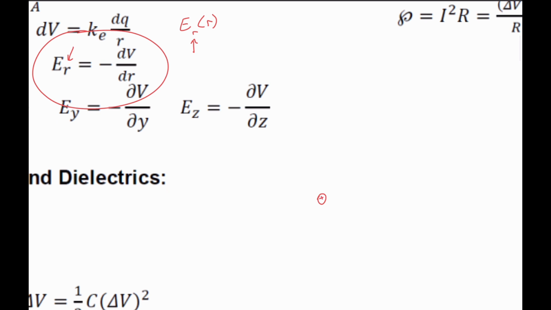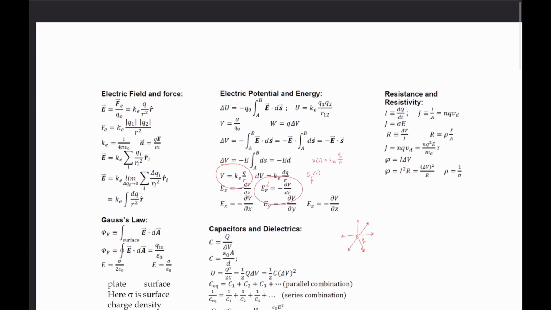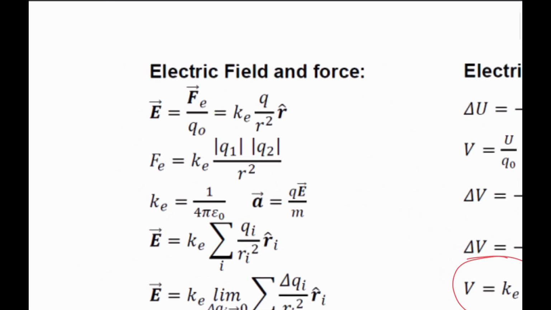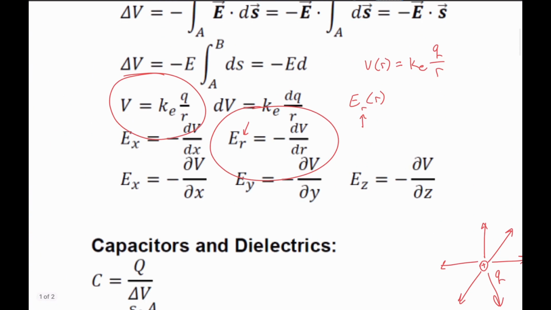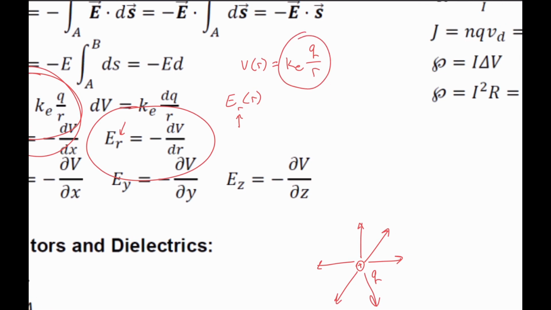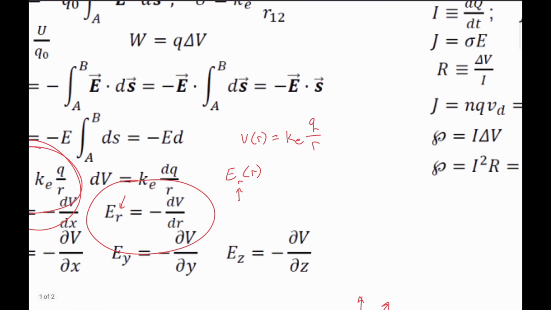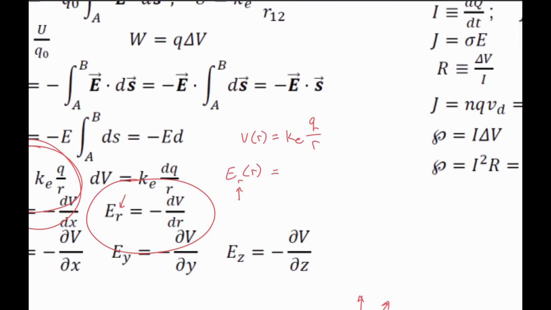So you have a point charge, it has charge q. The electric field is shooting out in all directions like this. And you actually have the electric field in the first chapter here. If you have the potential, which is given to you over here, you can take a derivative of this function with respect to r, and you should get the electric field. So let's do that. I'm going to rewrite electric field here.